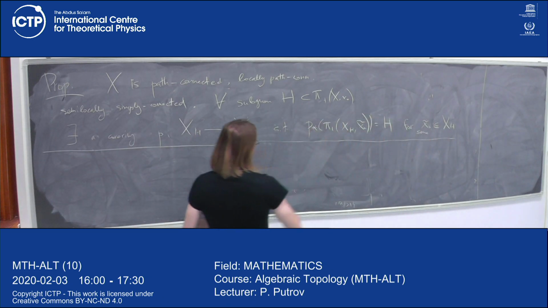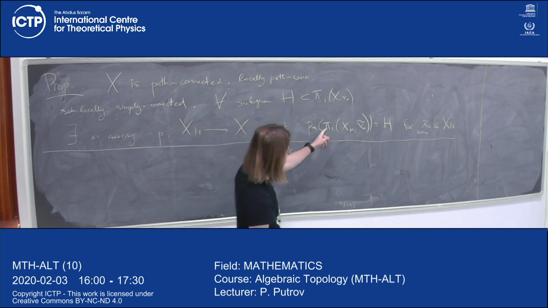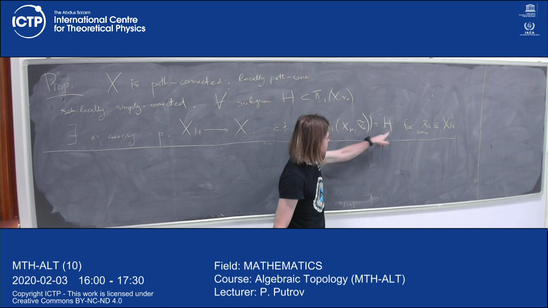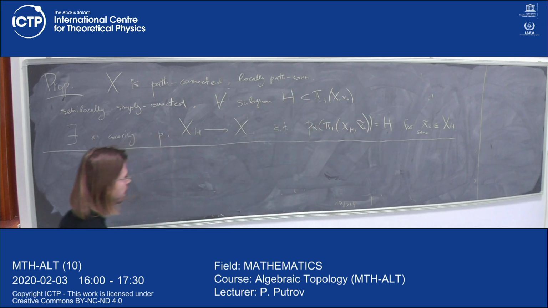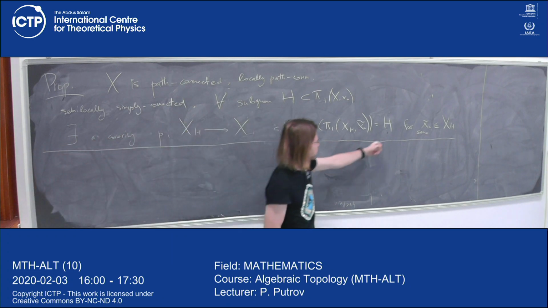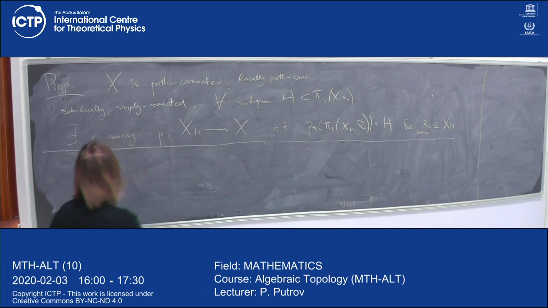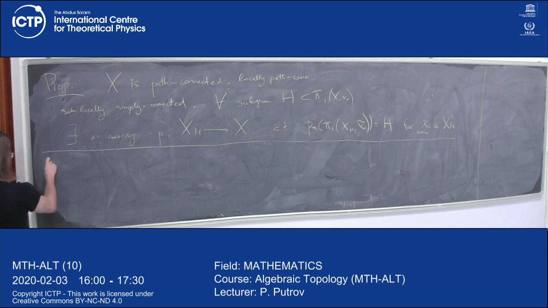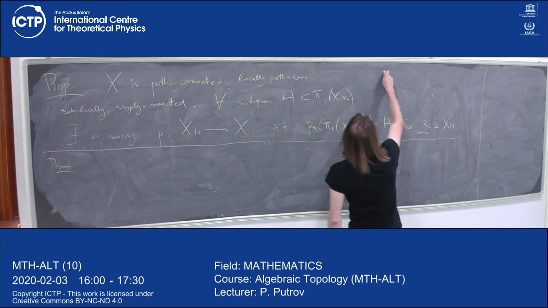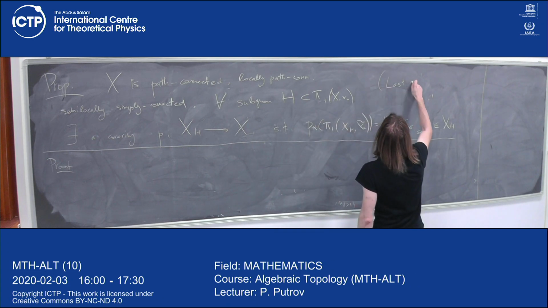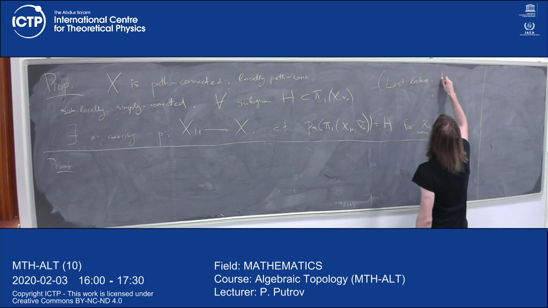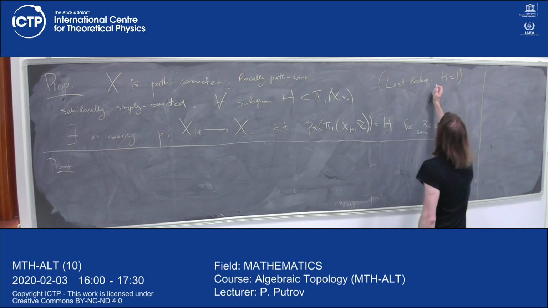Because we know that p star is injective, this pi1 of XH is isomorphic to H. In the last lecture we proved this for H equals 1.